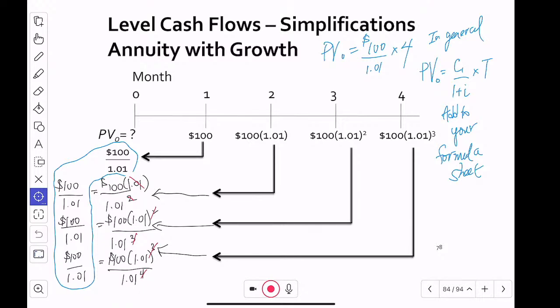You guys got it? $396.04. Exactly. Okay, so that's done.